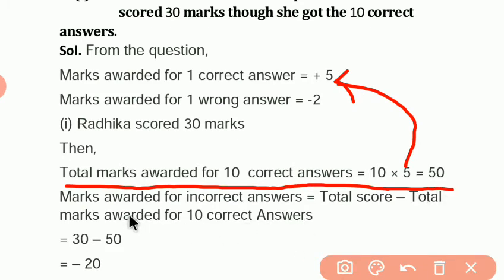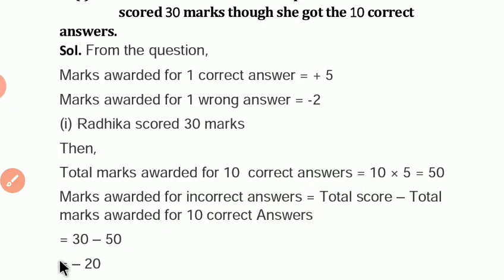Now we have to find marks awarded for incorrect answers. Here it is not given how many incorrect answers she has done. So how can we find? We can find it by total score minus total marks awarded for 10 correct answers. So what is the total score? Total score is given as 30, and minus the total marks awarded for 10 correct answers, how much? 50.